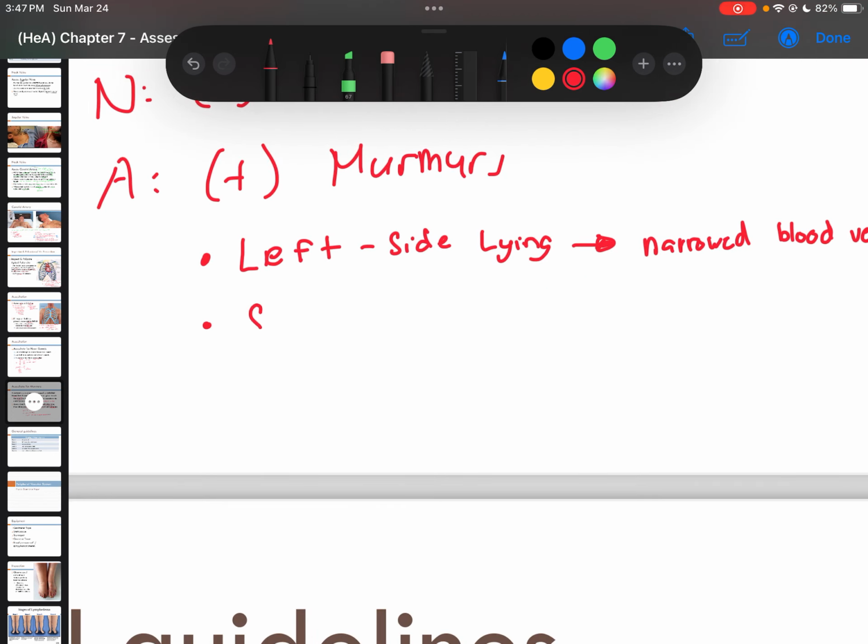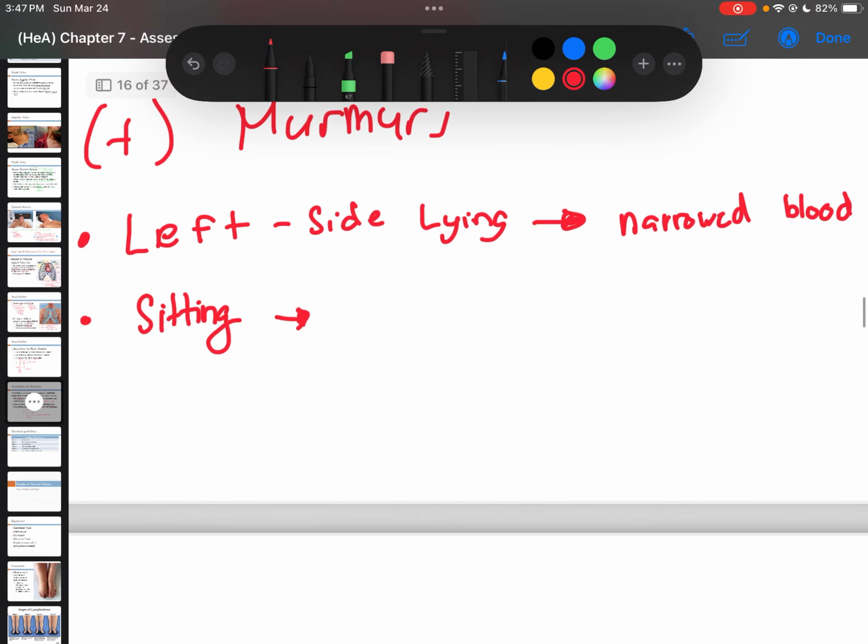However, if we can detect murmurs while they are in a sitting position, this is a sign that there is possible backflow of blood.